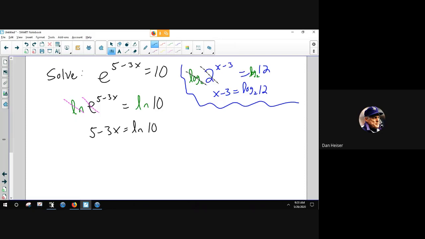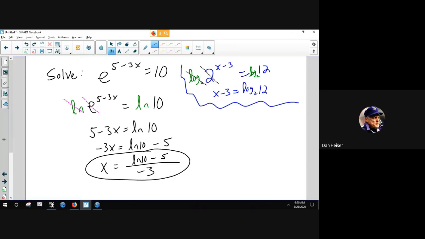Subtract 5 from both sides. Divide both sides by negative 3. And there's an answer that you need to start getting used to. That is an exact answer.